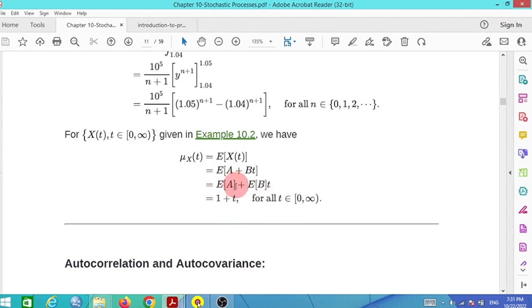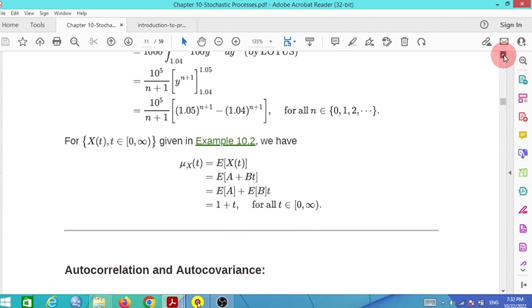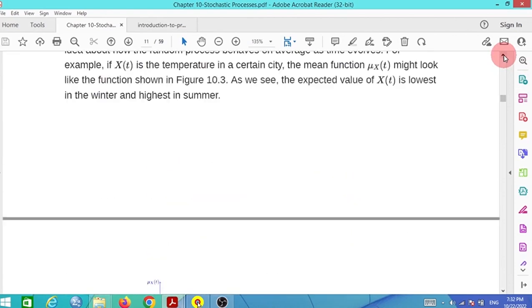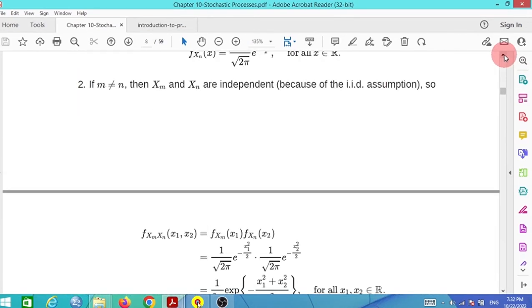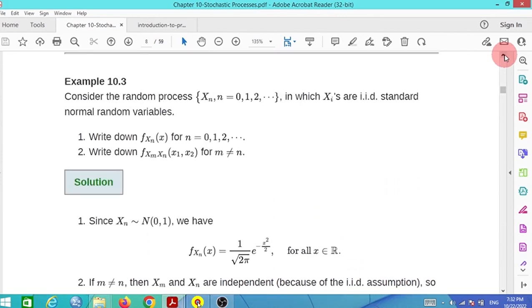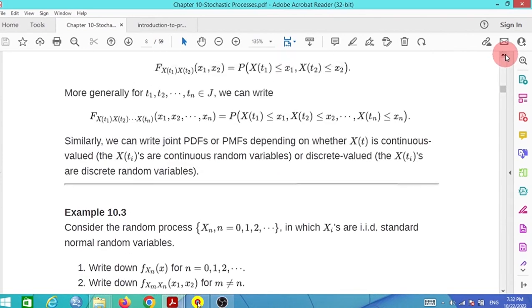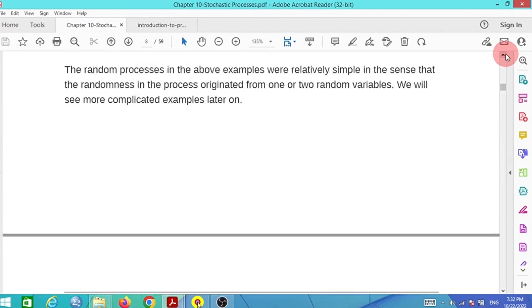A is a random variable. The expected value is 1 because A is normal, B is normal, which means 0. This is example 10.2.